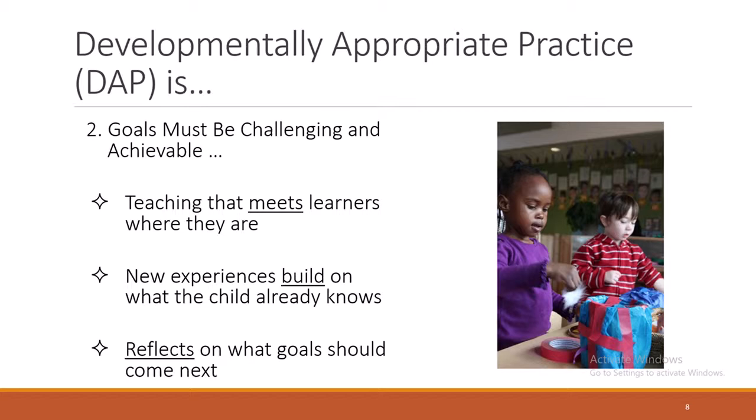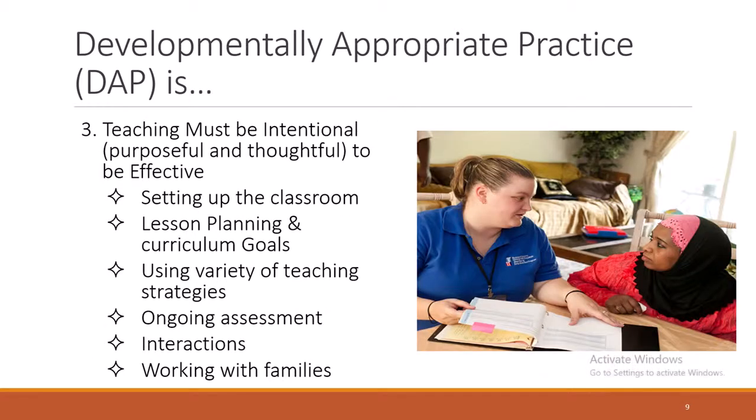So you're meeting children where they're at, and then you're setting goals in terms of what it is that you want them to know and be able to do, right? And that's the reflecting on what goals come next, or thinking about what experiences, what interactions that you can provide that really support the engagement, development, and learning of that infant or toddler.